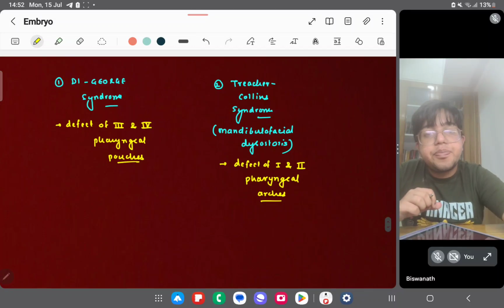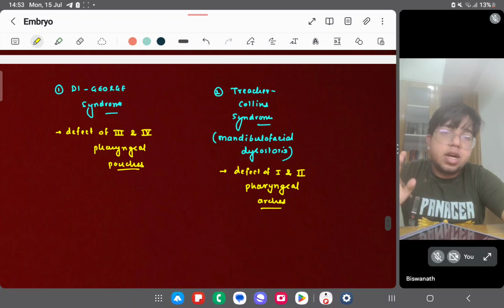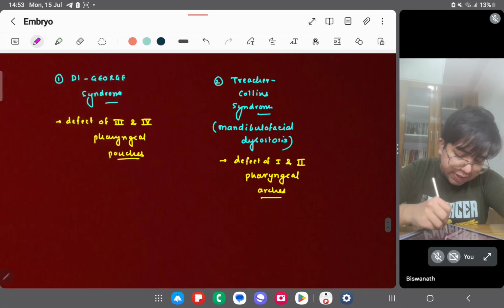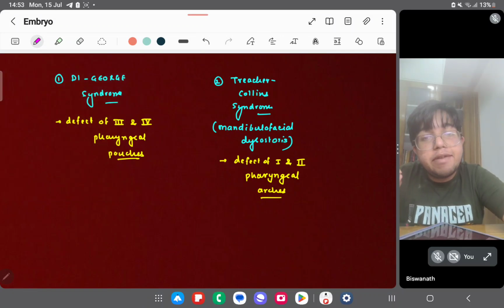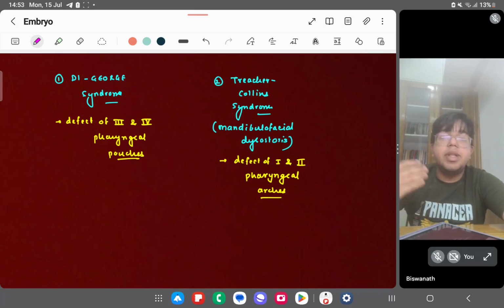Remember this. So in your DiGeorge syndrome, what will happen? With the third and fourth pharyngeal pouch, there will be defective signaling between the endoderm and the neural crest.